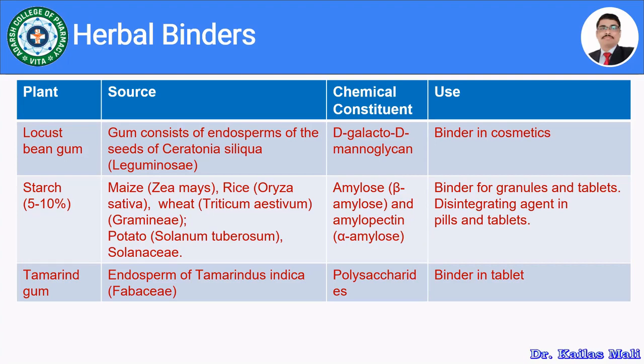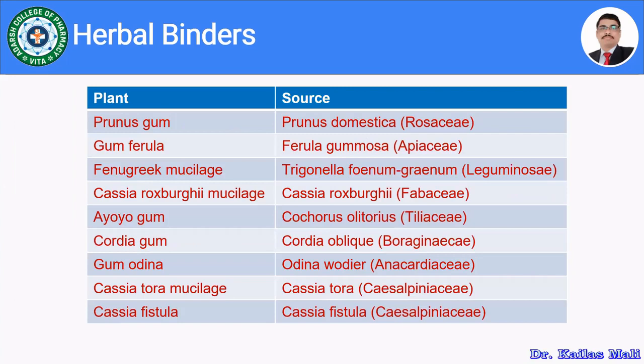Let us see a few more examples of the herbal binders along with their biological source. Very first one is prunus gum, which is being obtained from Prunus domestica belonging to family Rosaceae. Then gum ferula, which is being obtained from Ferula gummosa belonging to family Apiaceae. Then the fenugreek mucilage, which is being obtained from Trigonella foenum-graecum belonging to family Leguminosae.